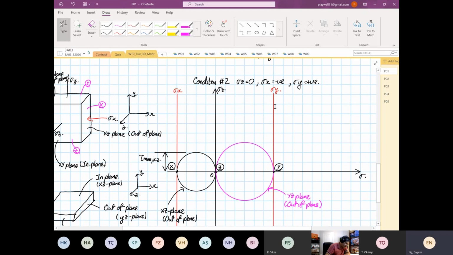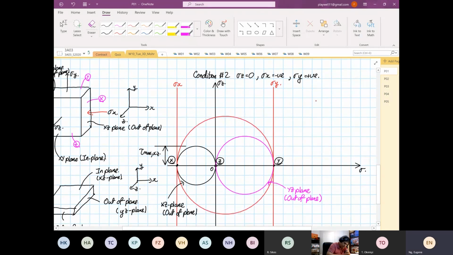And now the final circle, the third one, becomes the biggest now. This circle over here is our XY plane. And our XY plane now is our what? In plane.